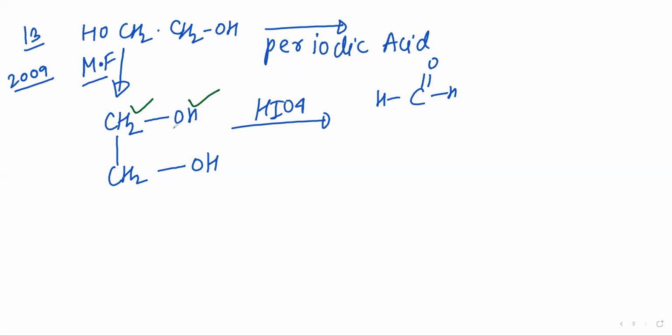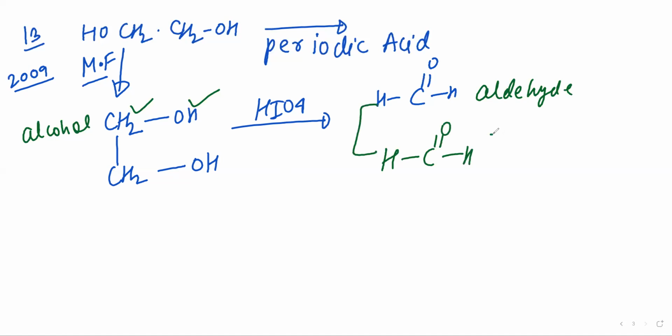So it is converted into aldehyde from alcohol. This is your alcohol part, this is your aldehyde part. In a similar manner, the lower part is also converted into aldehyde, so it will be H C double bond O. By combining, you can write that 2 moles of HCHO are formed.